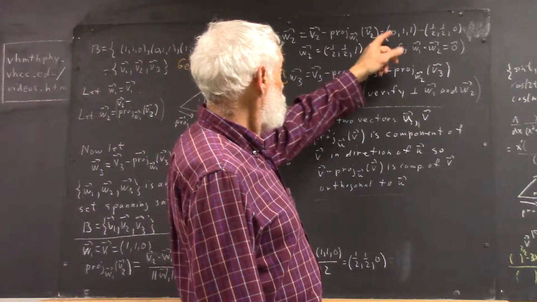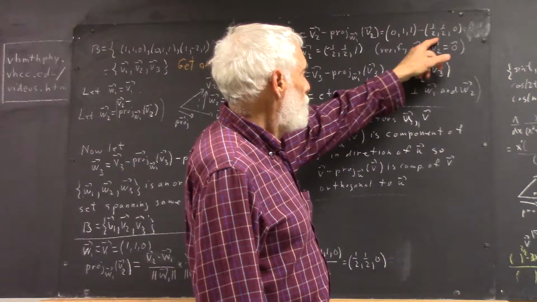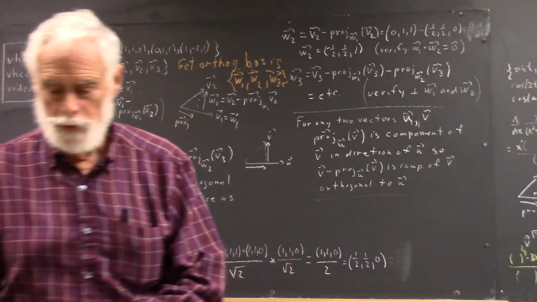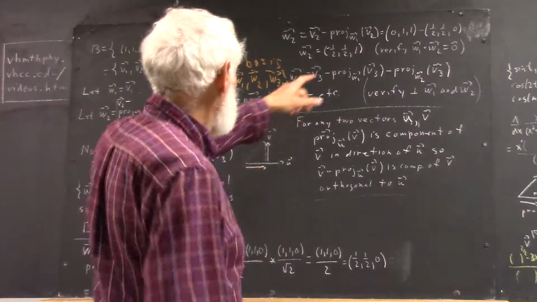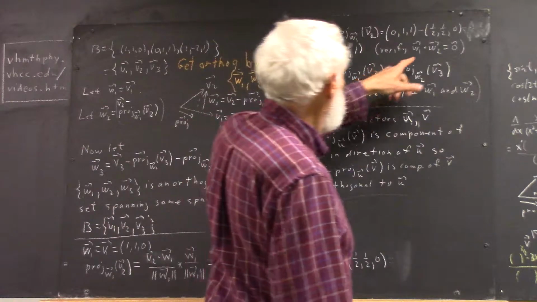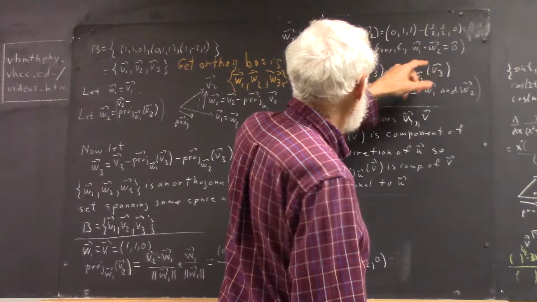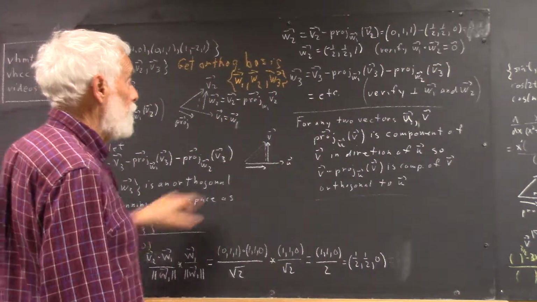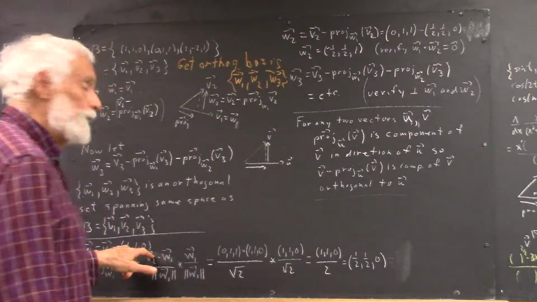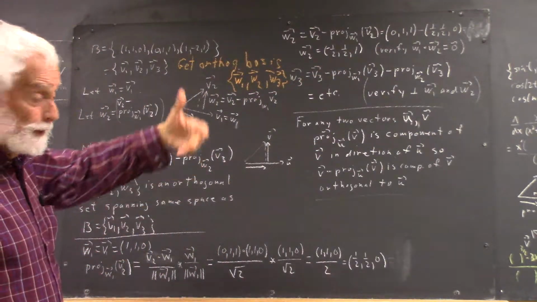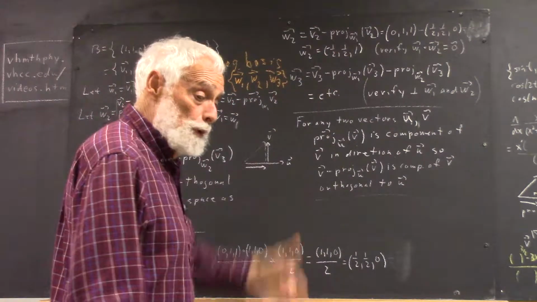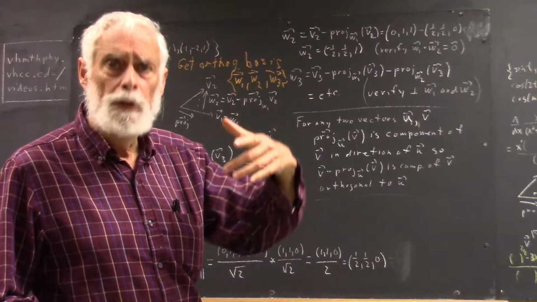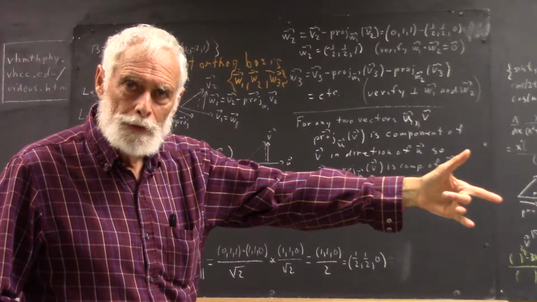And W1 is 1, 1, 0. The projection is 1/2, 1/2, 0. We subtract it, and we get the vector negative 1/2, 1/2, 1, which we have right here. And we can verify that this dot product with W1 is 0. Dot product of this with this, well, you get negative 1/2 plus 1/2, and that's 0. Then W3. We do the same thing, except now we have two orthogonal vectors.